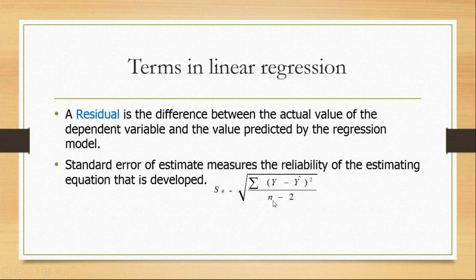Because I have only one variable, my degree of freedom will be n minus 2, n being the number of observations that I've considered. In case I have more than one variable, the degree of freedom should be n minus (k plus 1). So my total sum of square errors divided by my degree of freedom gives my standard error. This is the rough estimate of my standard error, and as you see, it measures the reliability of the estimating equation that is developed.